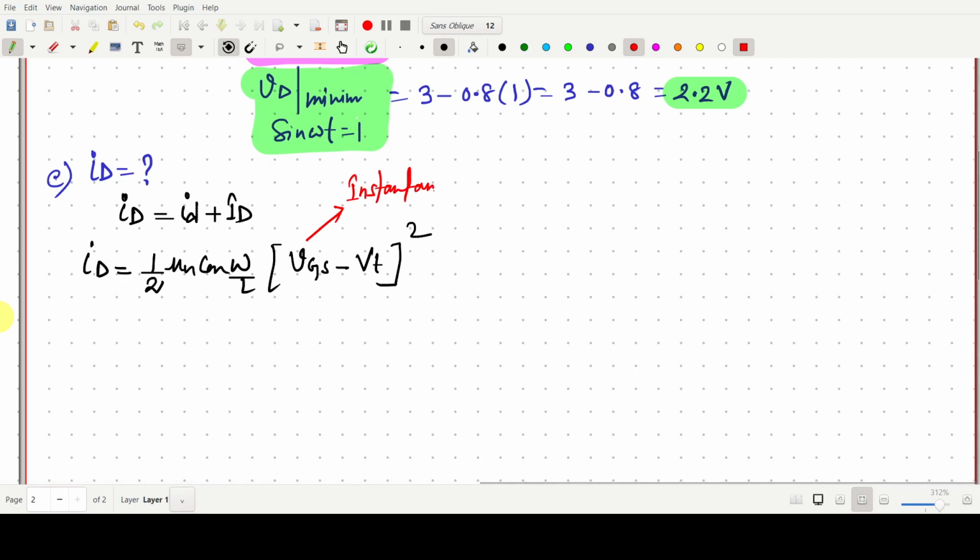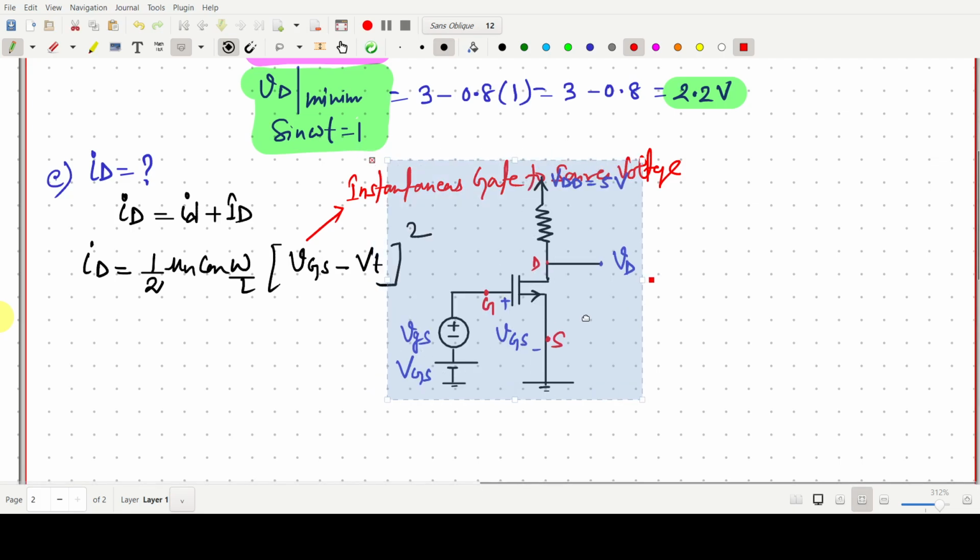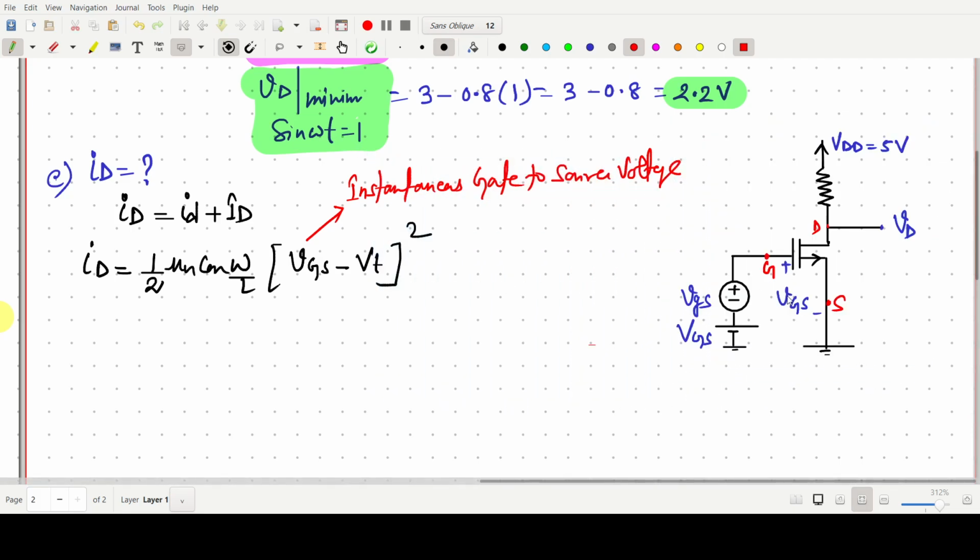Once again, looking at the diagram, this one is RD.